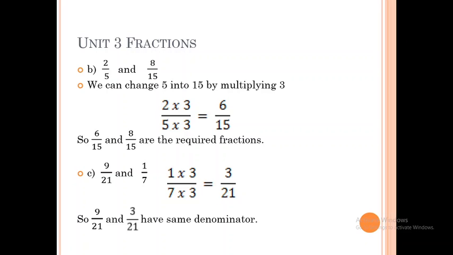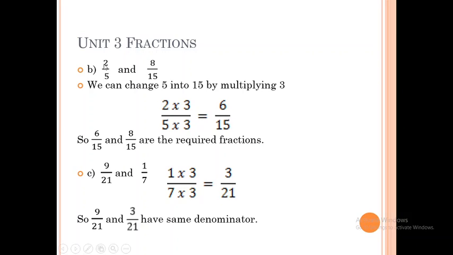So only do the multiplication of 2 by 5 by 3. 2 by 5 multiplied by 3 by 3. Both numerator and denominator, after multiplication, change to 6 by 15.